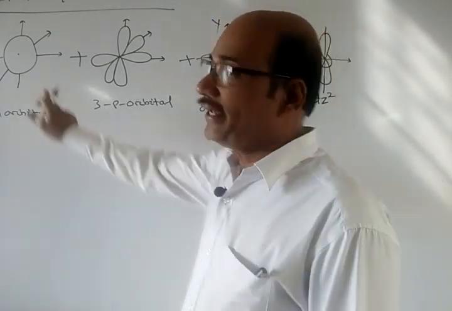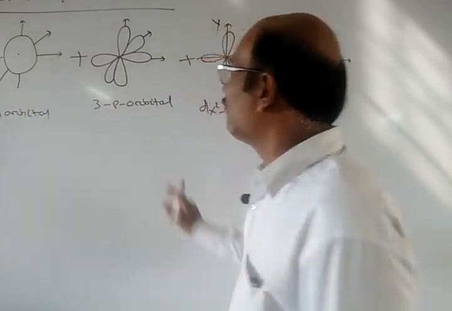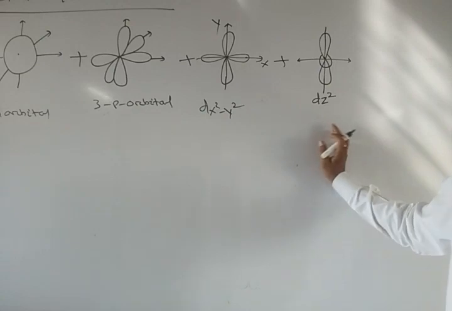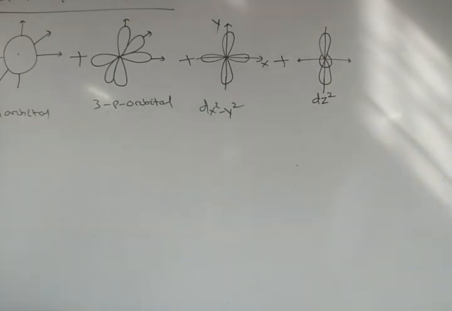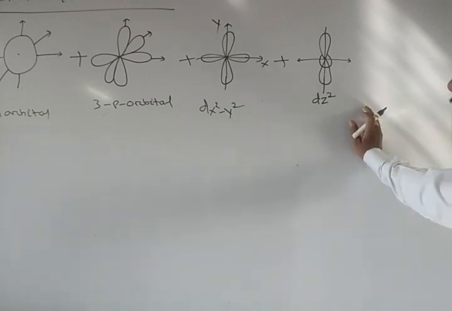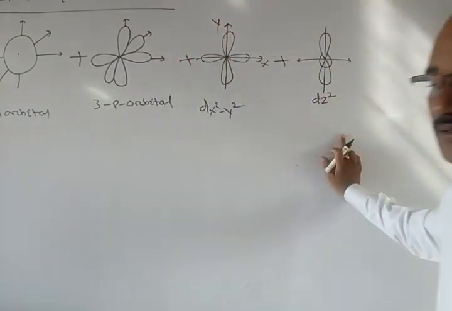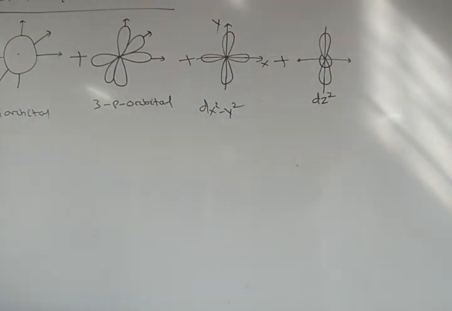So 1s, 3p and 2d, dx square minus y square and dz square, hybridize to form 6 sp3d2 hybrid orbitals.